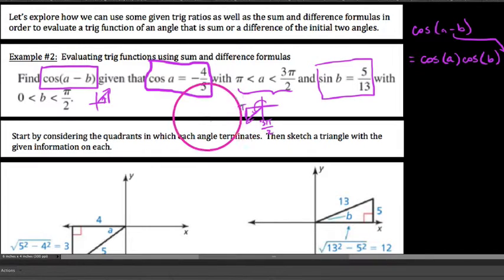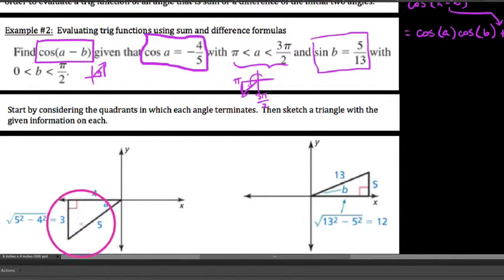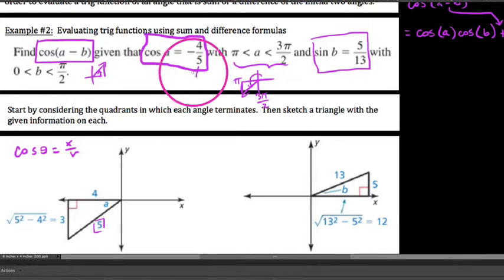Basically, we would sketch a triangle given these values to represent this situation, terminating in that quadrant and giving us these respective cosine and sine values. For this first one, cosine A, angle A terminates in the third quadrant. Because the cosine of A is equal to -4/5, and recall that the cosine of an angle is equal to x over r, we know that because r is always positive, 5 is the r value, the positive part of this negative ratio, and the -4 is the x part.